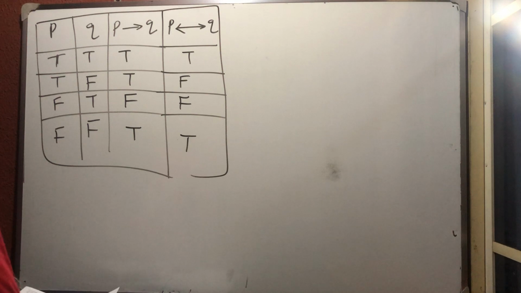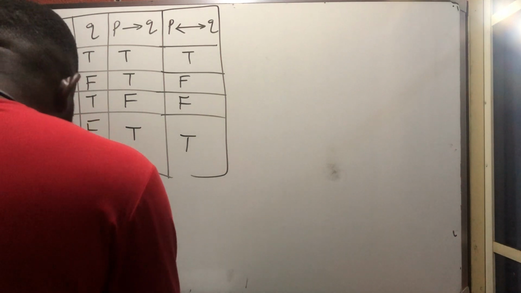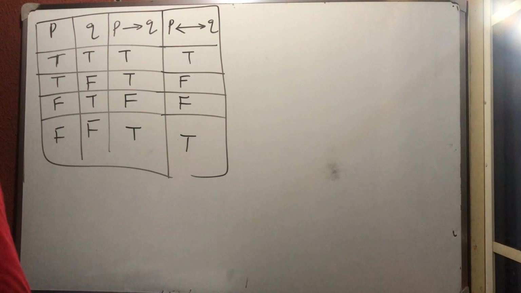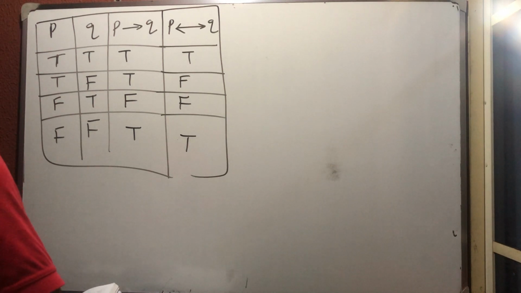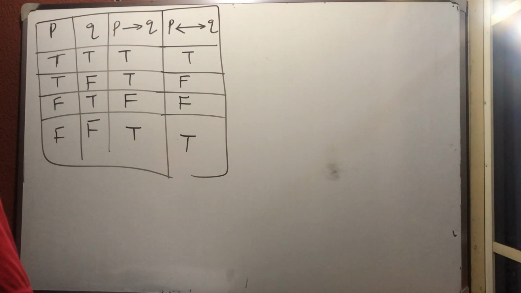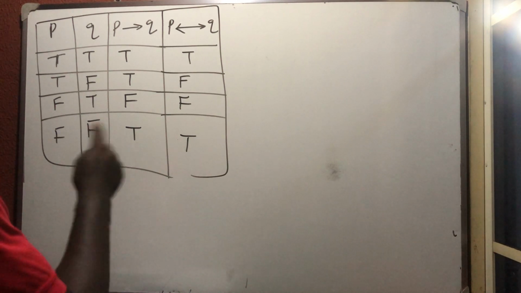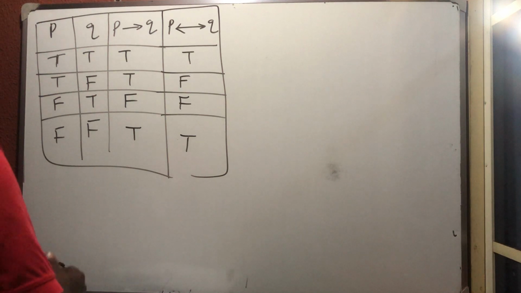They said an assertion that a set of propositions P1, P2 up to Pn implies a proposition Q is called an argument. So the major thing they will ask you is to prove that this is this, prove that the other one is the other one.